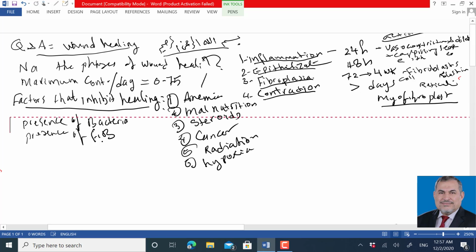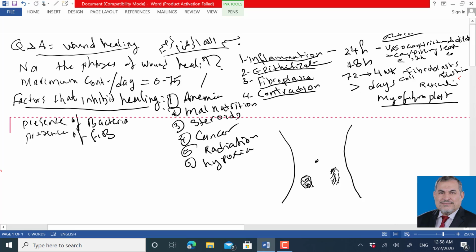Which type of wound contracts better, circular or square? For example, in the abdomen you have incisions and wounds. Just like this is a wound, and this is, for example, a circular wound.